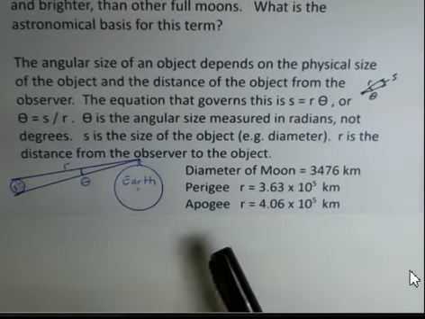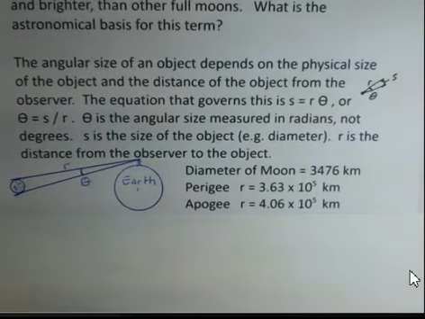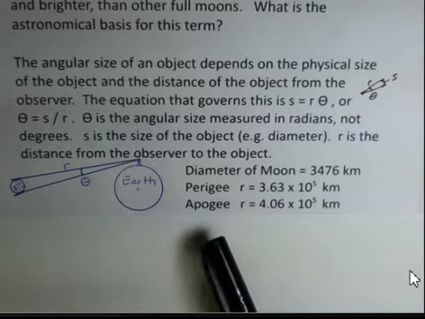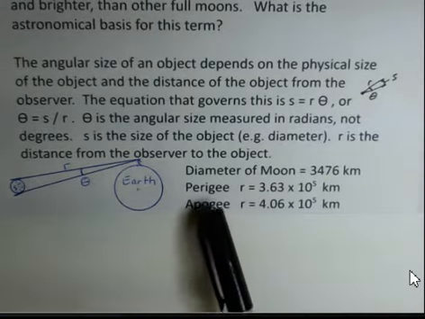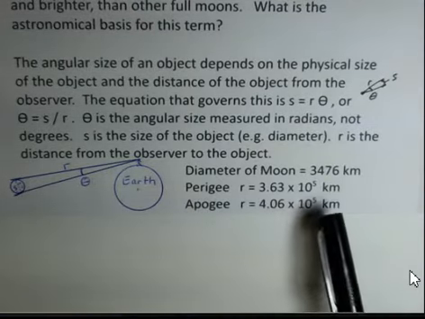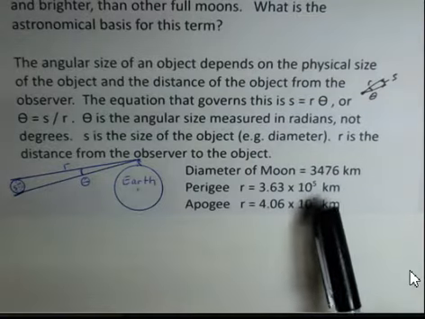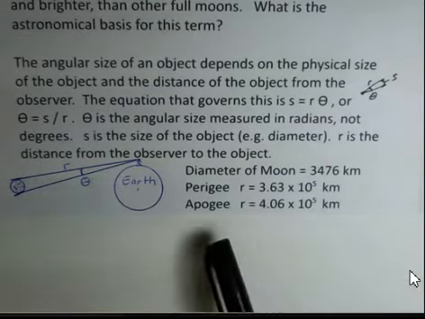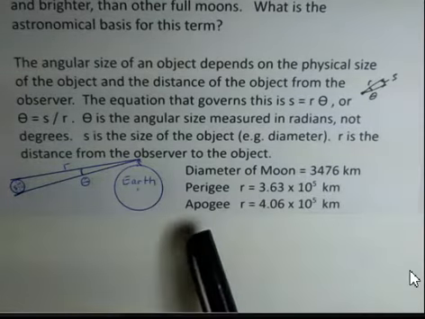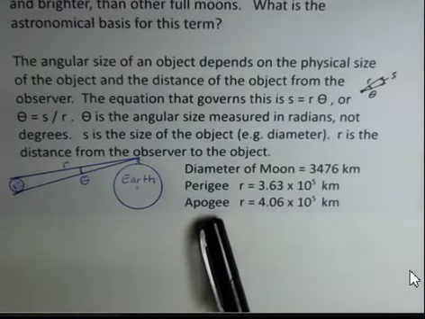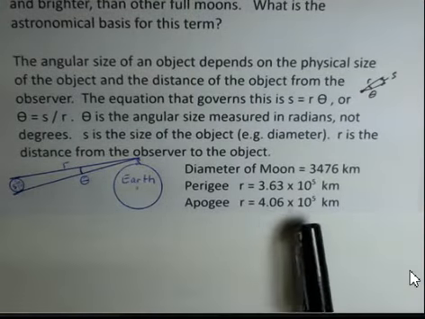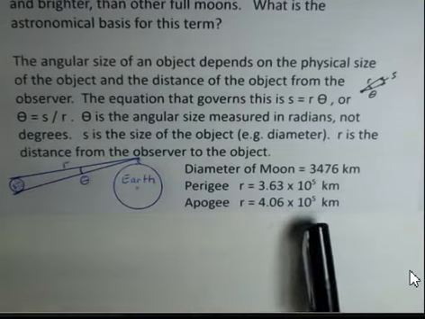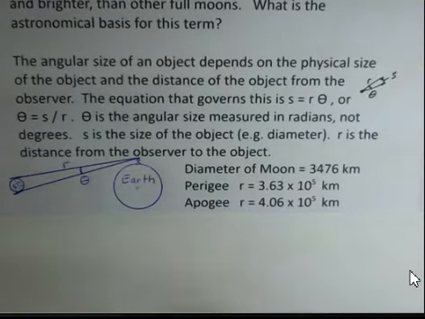It's more elliptical shape, and not a perfect ellipse either, but we have a situation here where the moon gets as close as 3.63 times 10 to the 5th kilometers every month, but not always at the phase of full moon. And the moon is far from the Earth in its path, 4.06 times 10 to the 5th kilometers, again every month, but not always at new moon or full moon. That shifts around during the year.